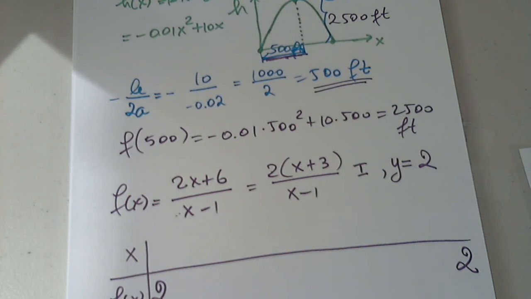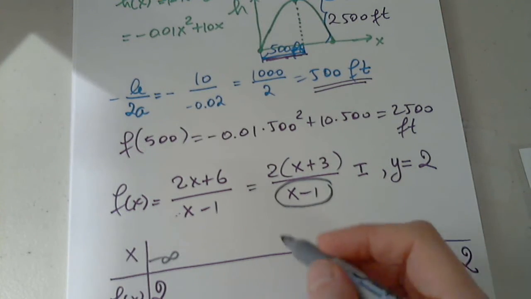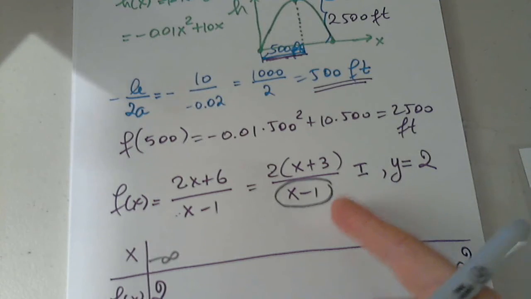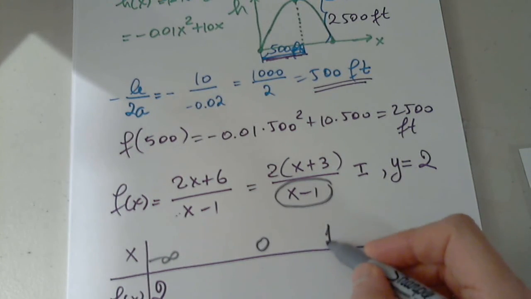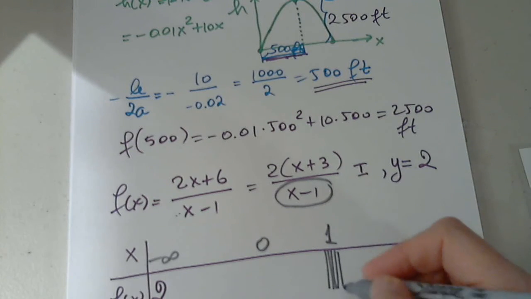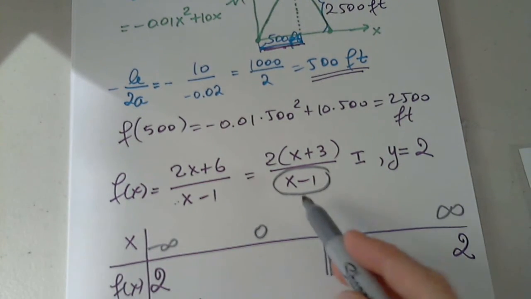Negative infinity, negative 1, a positive, right? Positive 1. Good. Positive infinity. Perfect. So it doesn't go away.